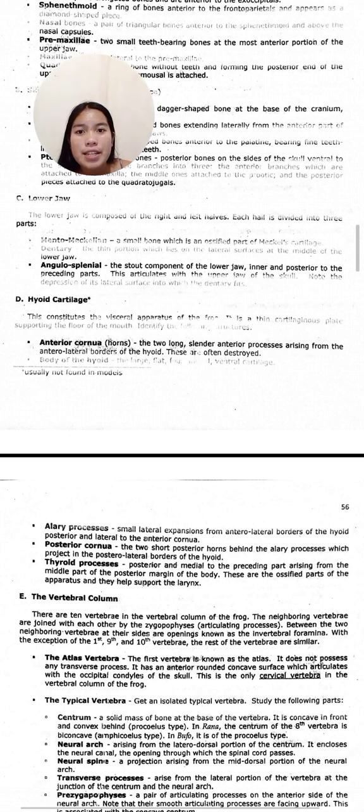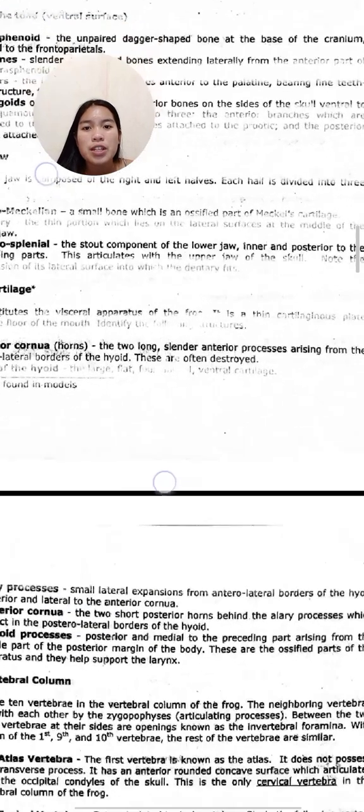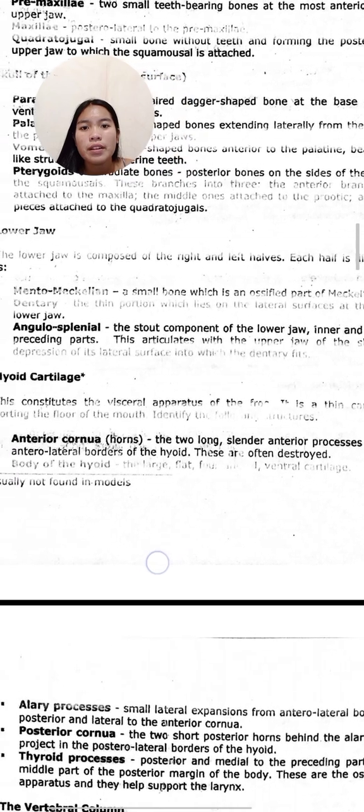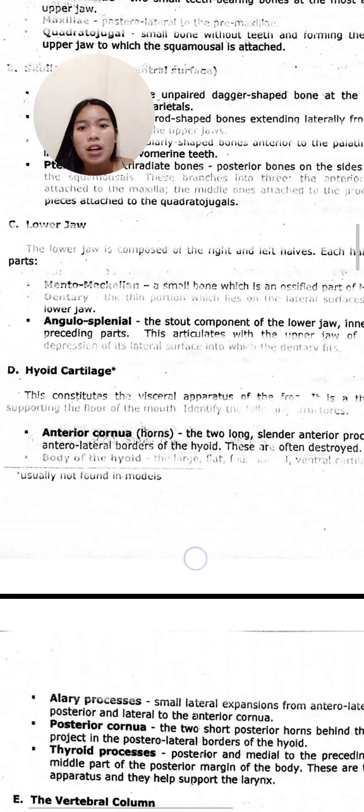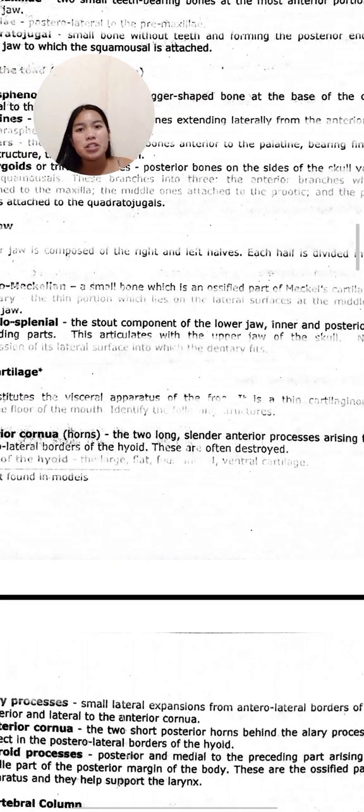The mentomeckelian is a small bone which is an ossified part of Meckel's cartilage. In other definitions, the function of the mentomeckelian is the bone or cartilage forming the anterior extremity of the lower jaw in some animals.